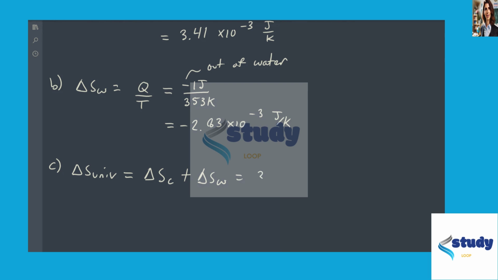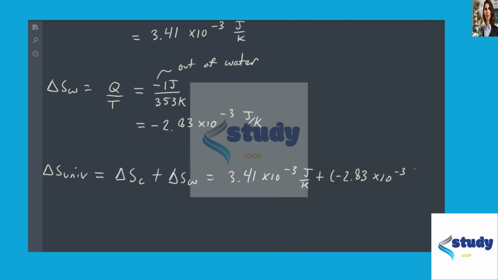And so 3.41 times 10 to the minus 3 joules per Kelvin plus negative 2.83 times 10 to the minus 3 joules per Kelvin, for a final result of 5.8 times 10 to the minus 4 joules per Kelvin as the total change in entropy of the universe.